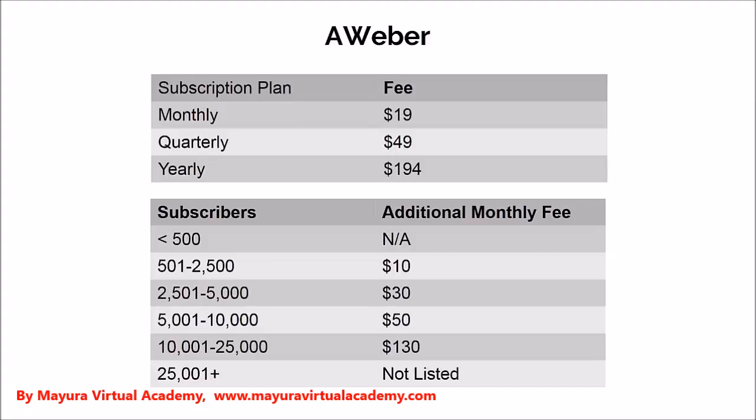So you can get up to 500 subscribers included in your monthly fee. But after that, the prices do go up. So 501 to 2,500 subscribers is going to cost you an extra $10 a month. If you go up to 5,000 subscribers, that's another $30 a month. 10,000 subscribers, it's $50 a month. And up to 25,000 subscribers, it's another $130 a month that you have to find.